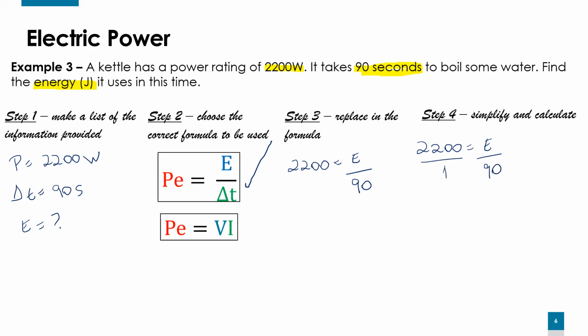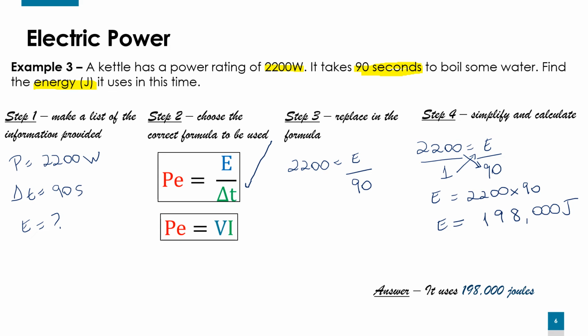So here I have 1. So E times 1, E, equals 2,200 times 90. So energy is going to be 198,000 joules. So find the energy used in this time. So it uses 198,000 joules.